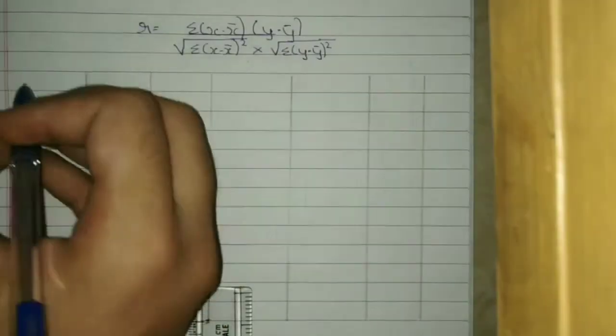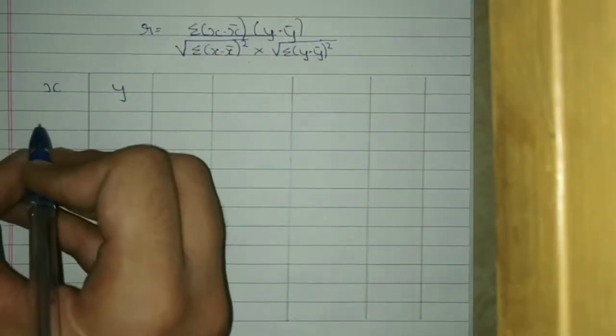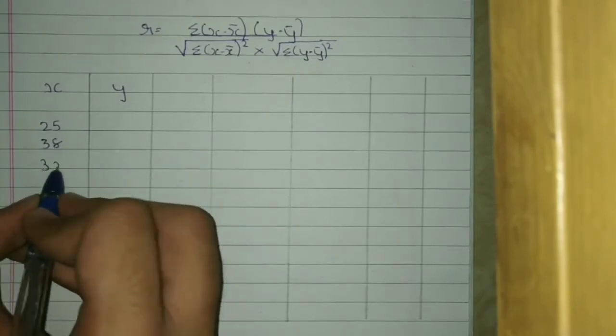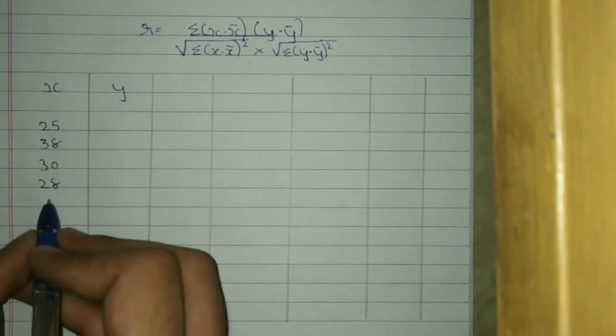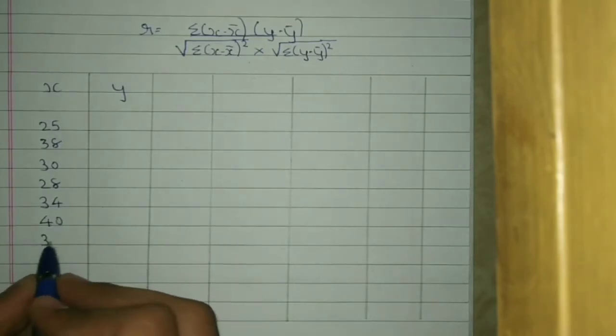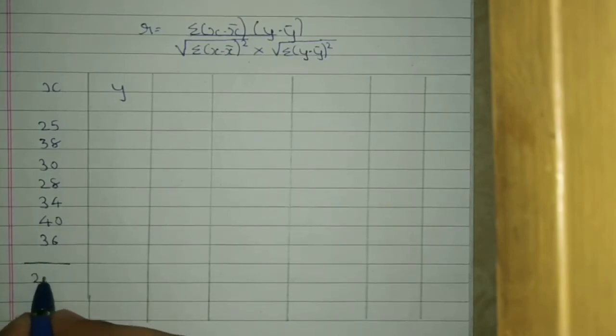Here we will write the data of x and y. It's 25, 38, 30, 28, 34, 40, 36. Total is 231.